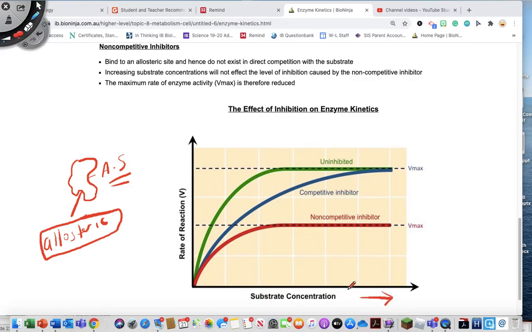it's not going to matter, because the non-competitive inhibitor is attaching to the allosteric site and it's changing the conformation of the active site. So even if you add more substrate, that substrate is not going to be able to bind to the active site, no matter how much substrate you add.